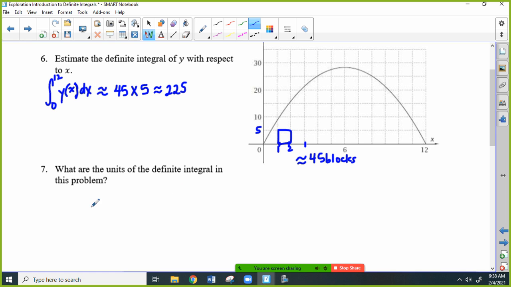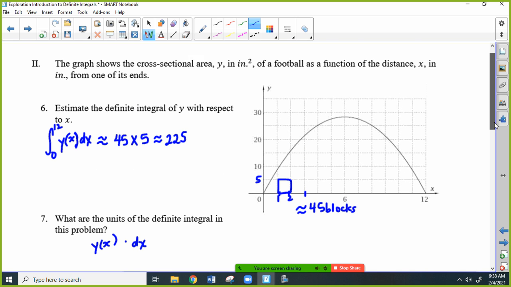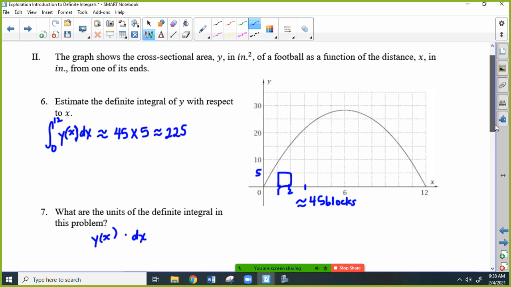All right, so think about what y of x represented and what x represented. So what was y measured in? The cross-sectional area, inches squared. So y was an area, the cross-sectional area of the football measured in inches squared.